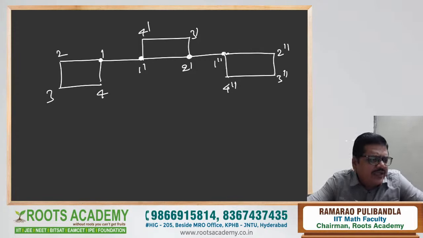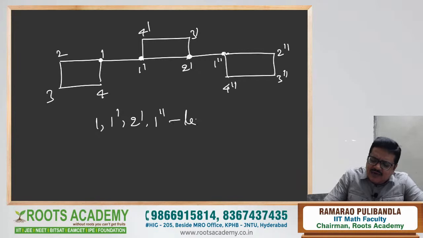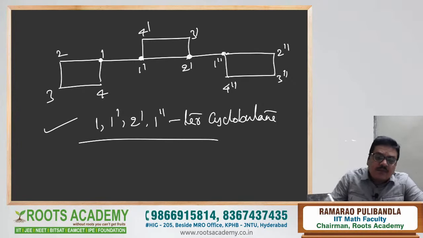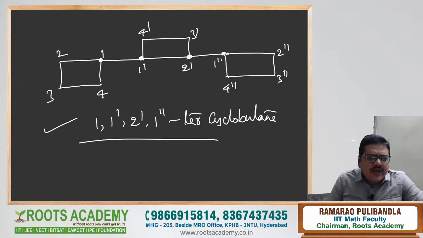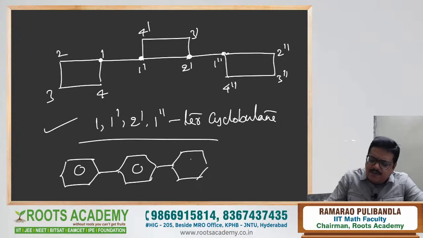Now listen, my dear students, what is happening now? See here, 1 dash, 2 dash, 1 double dash, terphenyl, cyclobutane, right? If you consider phenyl rings like this, these are combined.